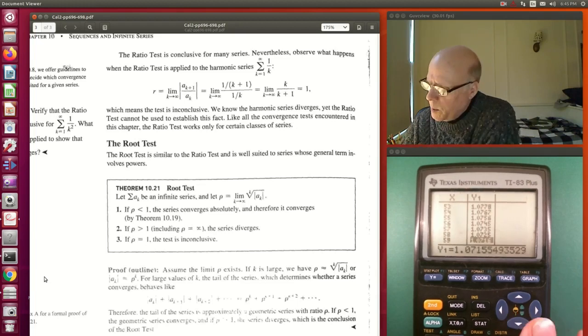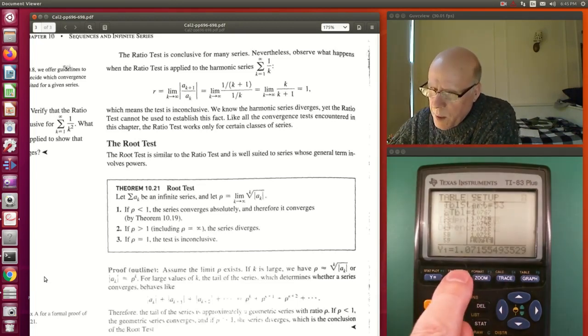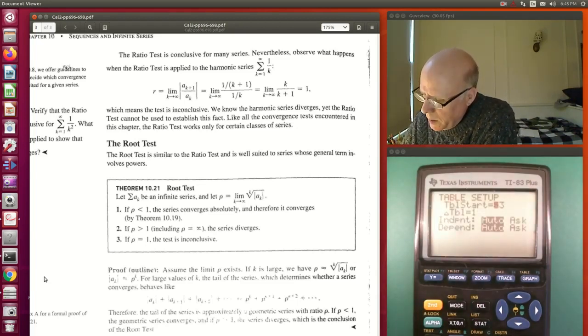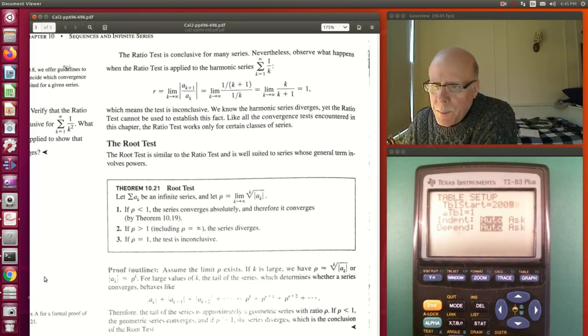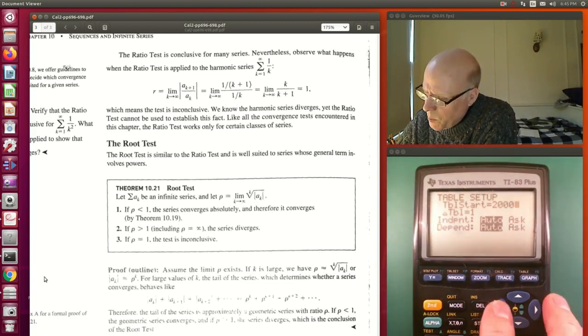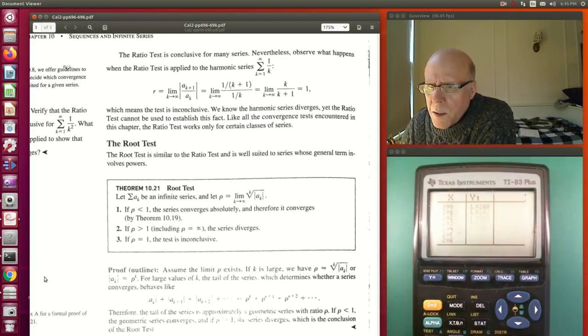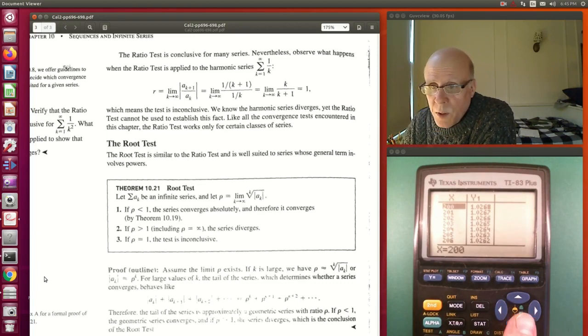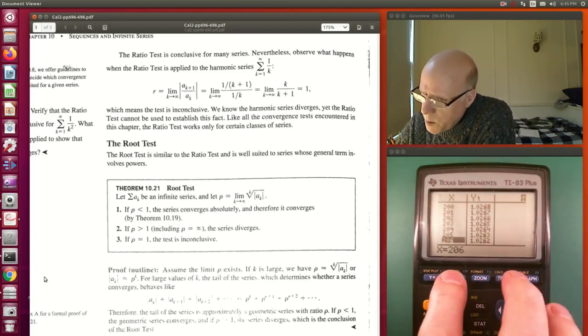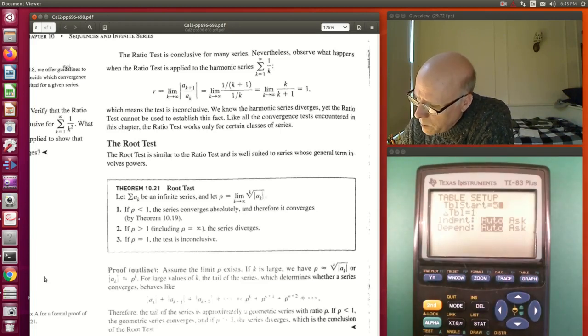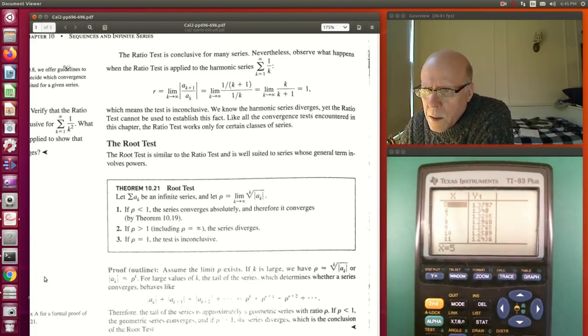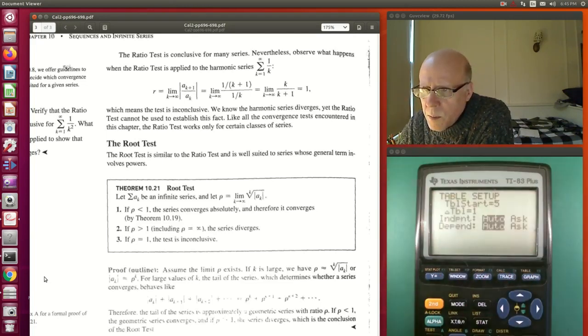I don't know. Let me change the table setup so we start way down the line, around the 200th term. Oh, we're still just a little bit bigger than 1.02. What if I change it to the 500th? Oh, I did something wrong. I meant 500, not 5.